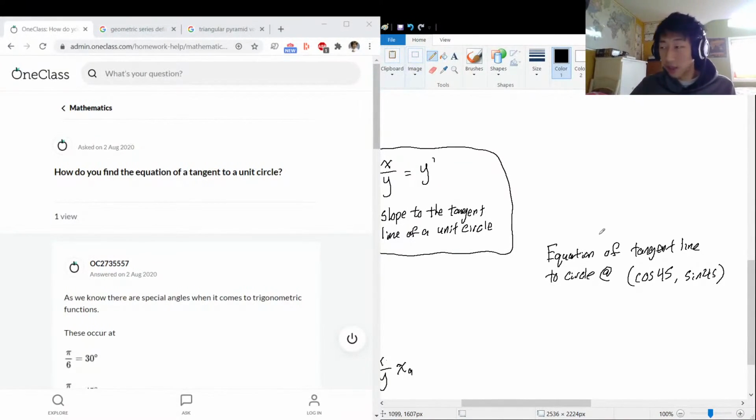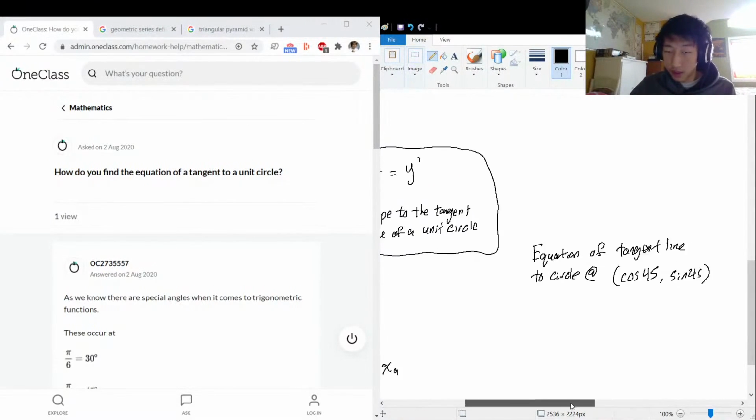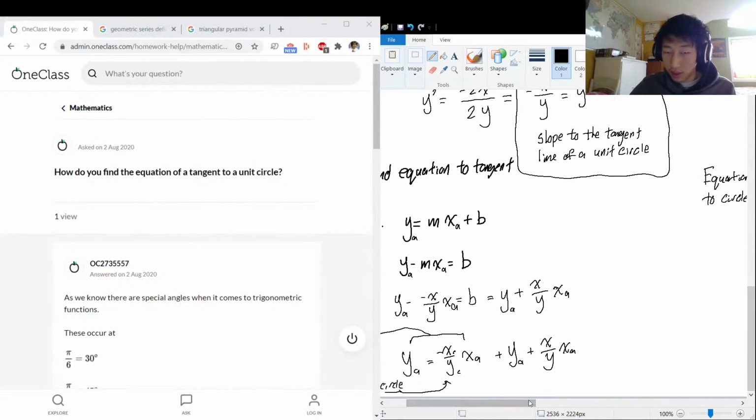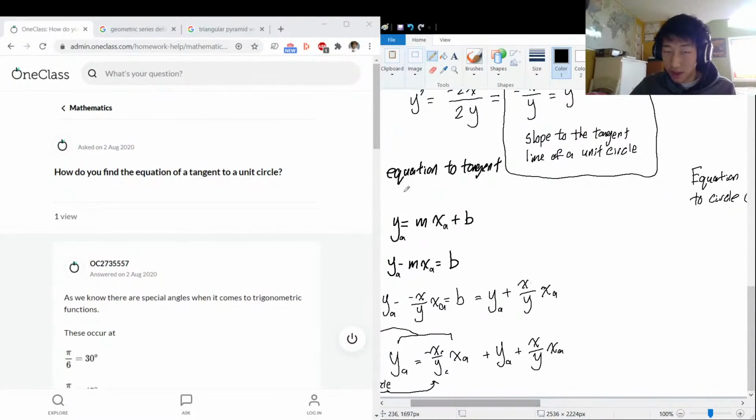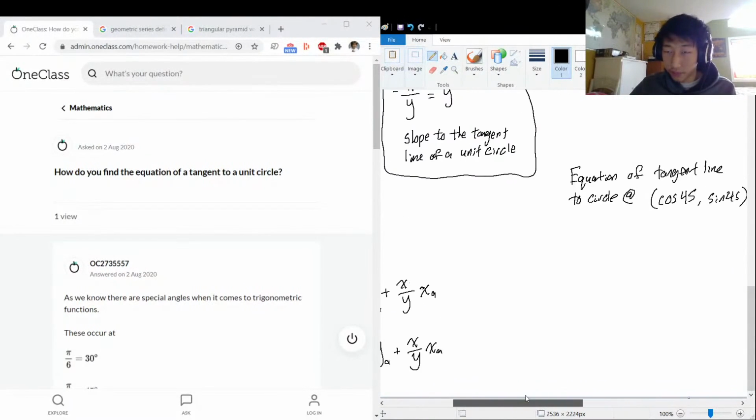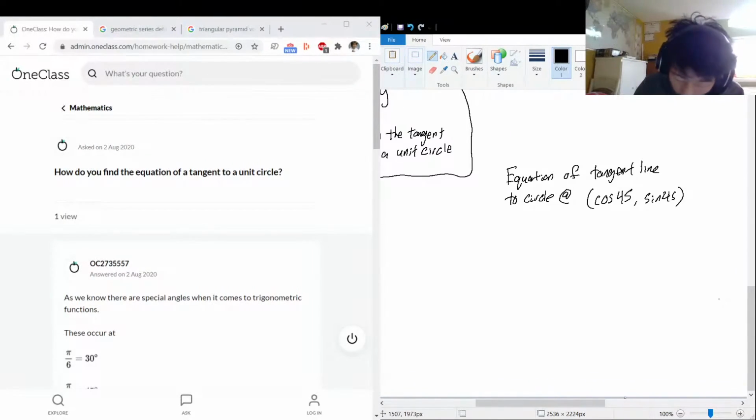Okay, so let's say we want to find the specific answer for this. So we can go to these equations, and we know that our x value is cos 45. We know our y value is sine 45.